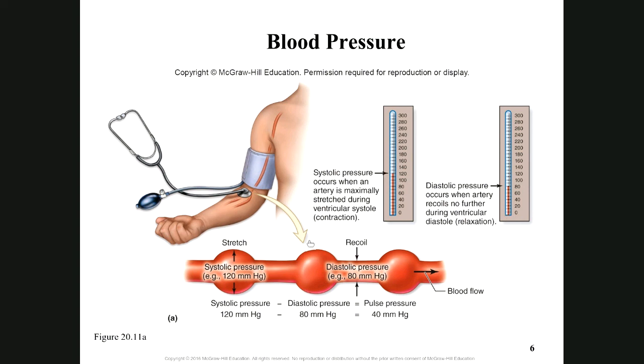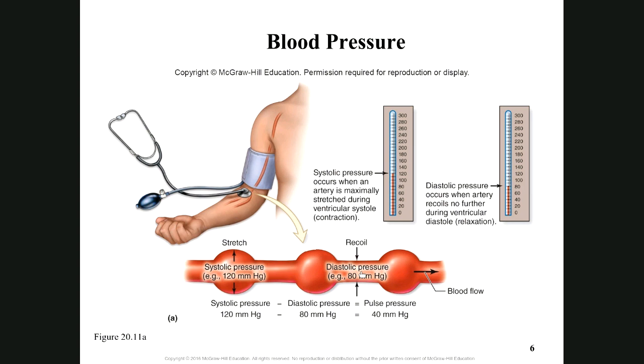The systolic blood pressure is 120 in a normal person, and this 120 shows us the stretching which we have in our arteries. And the diastolic blood pressure is 80, and this is the time when our blood vessels or arteries go to recoiling or contraction here, as you see in this picture.